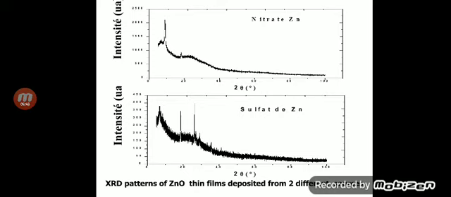The structural analysis of our thin films was performed by X-ray diffraction, and the presented pattern, and the morphological properties were studied by scanning electron microscopy.